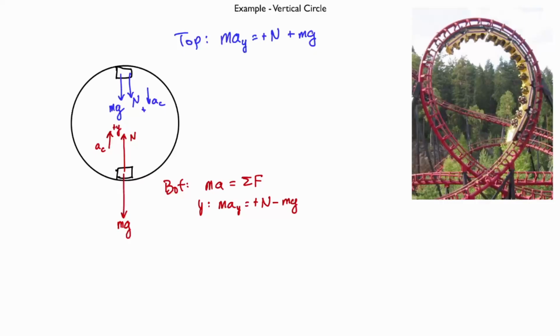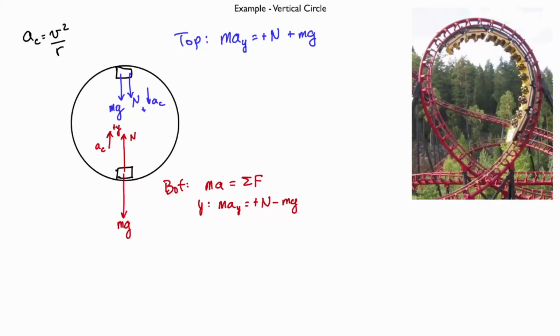I'm going to first take care of these accelerations. It doesn't matter which one we're talking about. The magnitude of centripetal acceleration can be found if we know how fast something is going, its speed in meters per second in the circle, and the radius of our circle. So we'll assume maybe we're given those things.